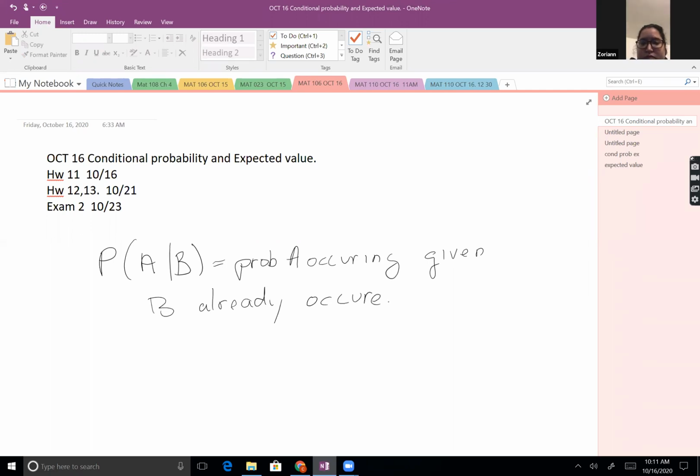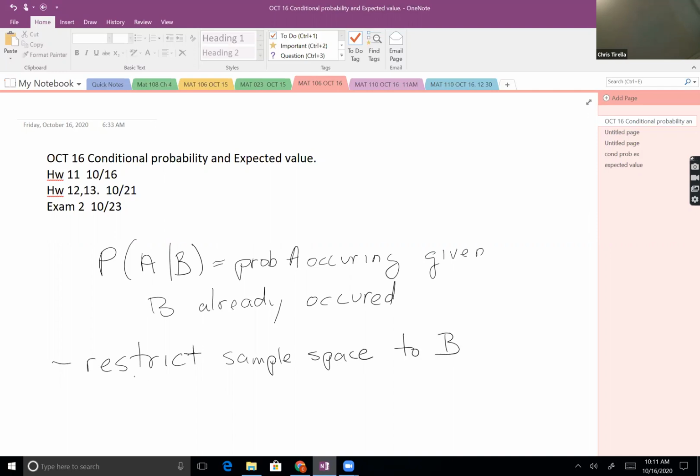And I think we referred to the idea that we're going to, in some ways, restrict the sample space. And I'm guessing at this stage of the game that phraseology is about as clear as mud.